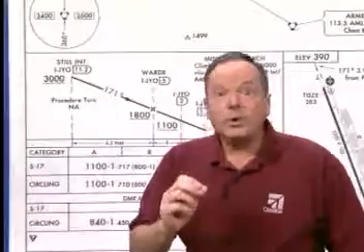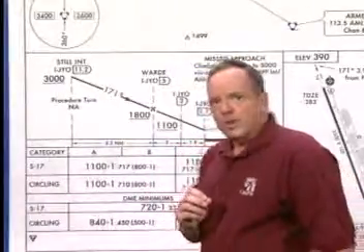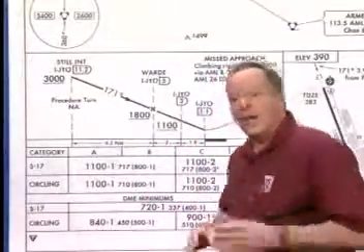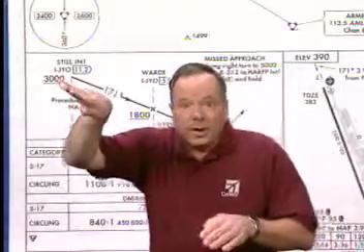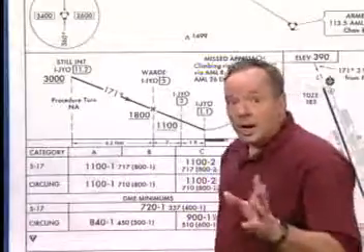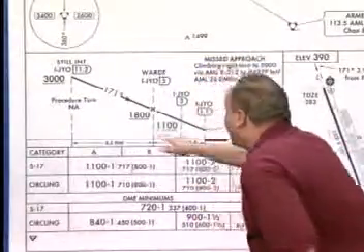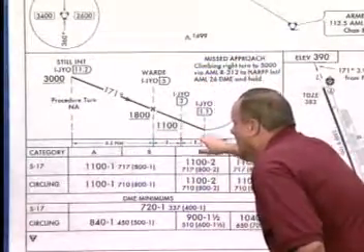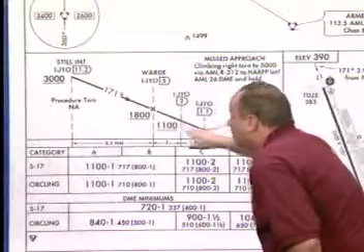Now, the second difference between a localizer approach and an ILS approach is how you determine the missed approach point. As you recall, when you fly an ILS, you follow the glide slope down to decision height. And if you don't see the runway at decision height, you immediately execute the missed approach procedure. Well, on a localizer-only approach or any other non-precision approach, you'll be flying level when you get to the MDA, and you're not using that glide slope.